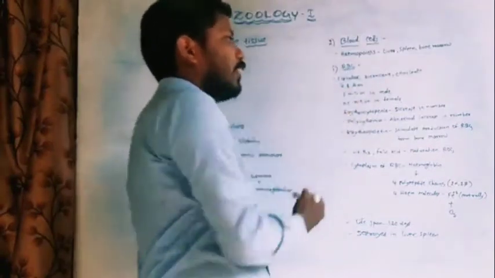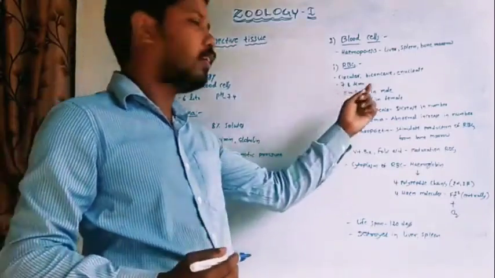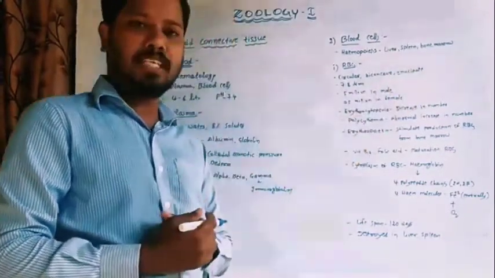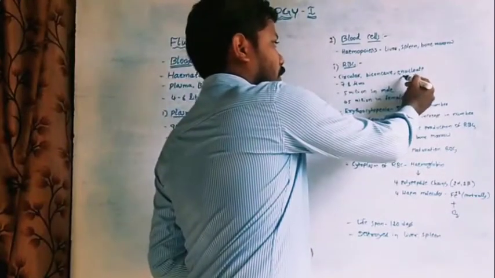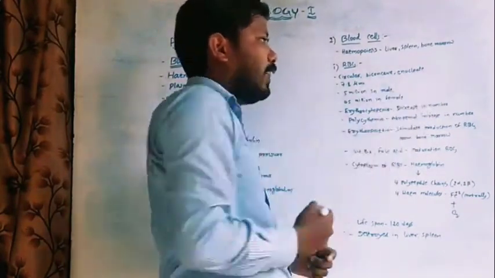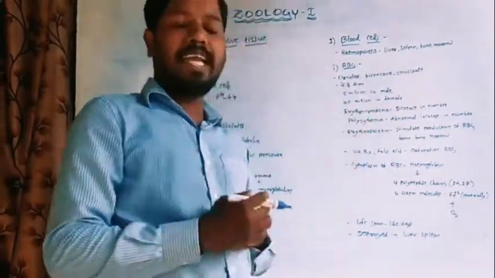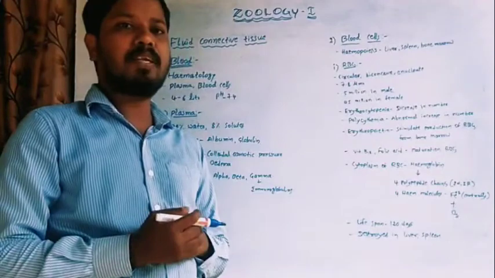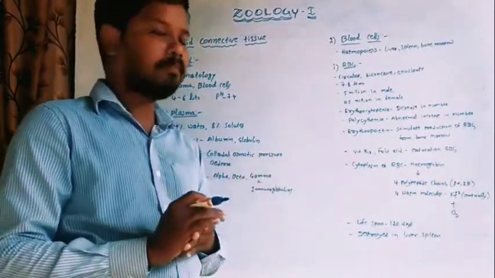Erythrocytes are circular biconcave enucleate cells. They do not contain a nucleus, which is why they are called enucleate cells. That means RBCs do not contain a nucleus.